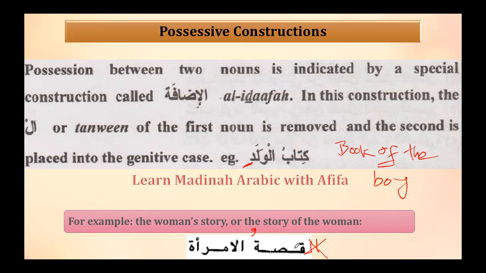Kissatu, and then how do you denote the second term? It's always going to have a kasra, and because it has an al, it will have a single kasra. So kissatul imraati. Imraati means woman. So the story of the woman.